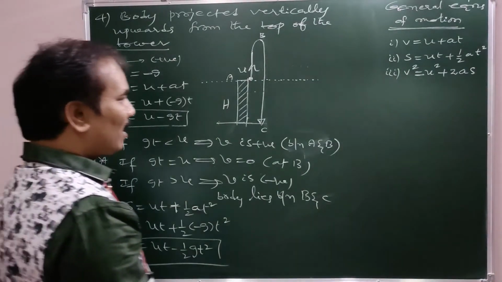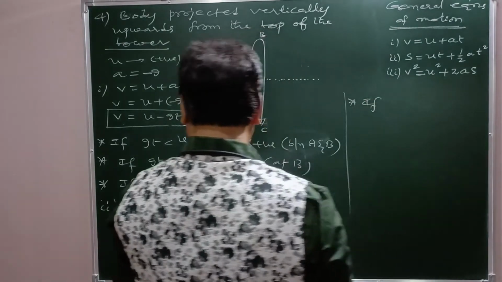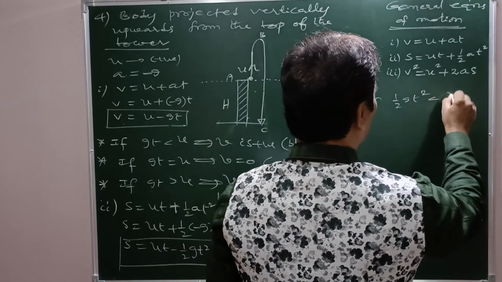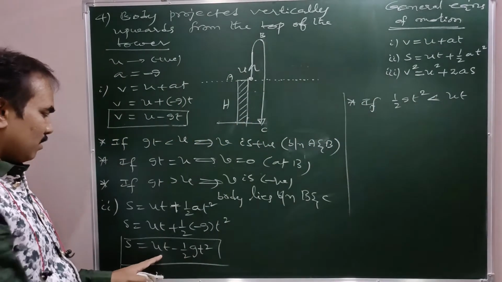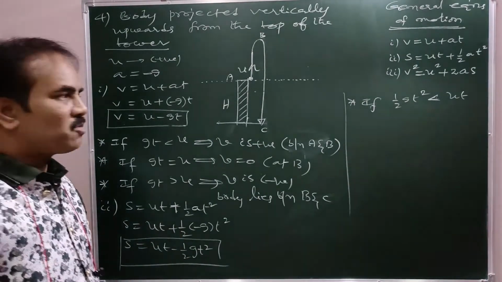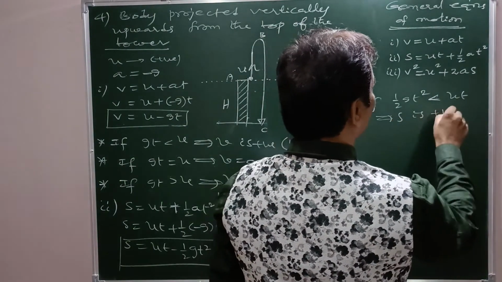Right? Now what are the implications here? If half gt square is less than ut, that means the negative value is less than the positive value. So s comes with the positive sign. Implies s is positive.